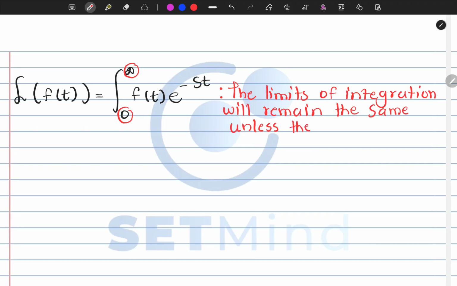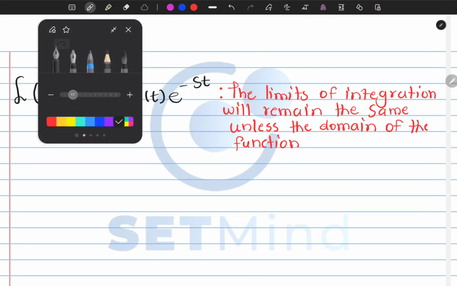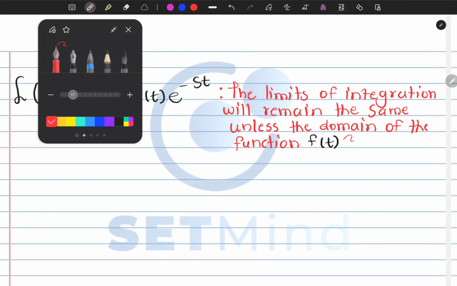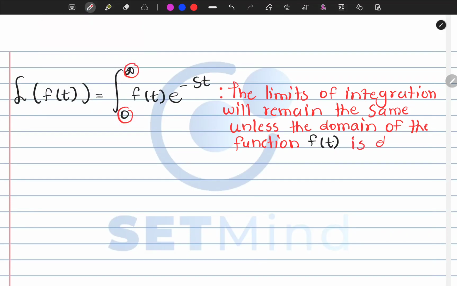So unless the domain of the function, f of t in this case, is different.